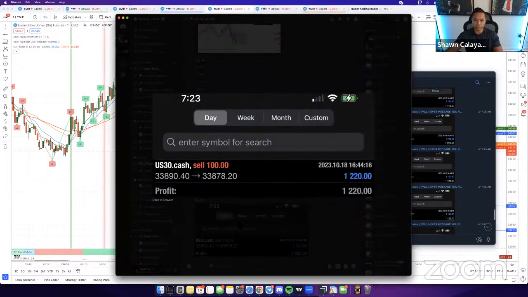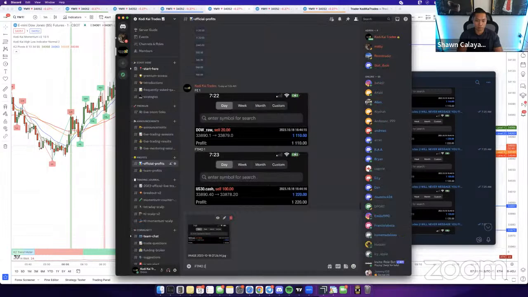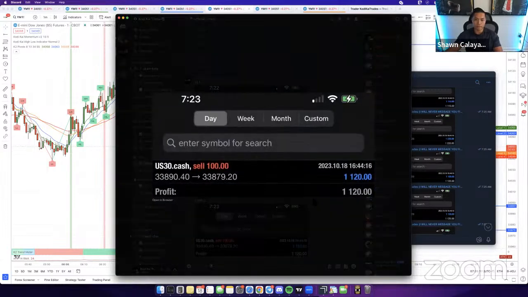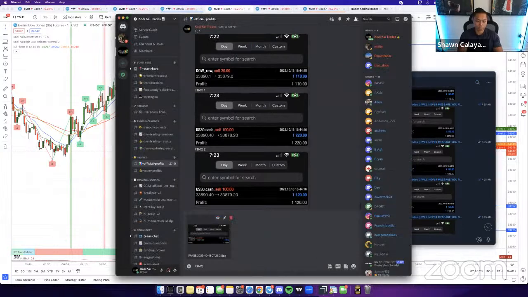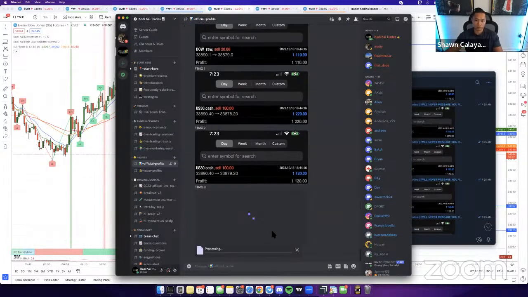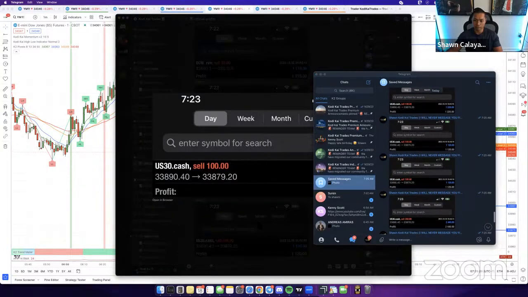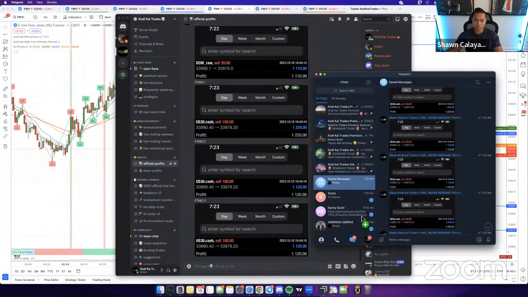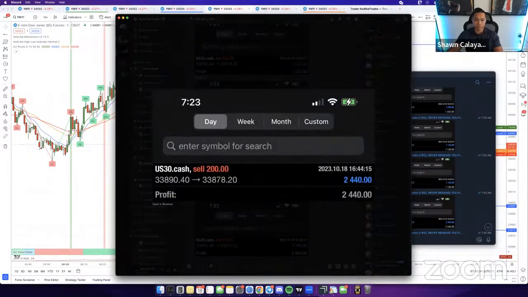My second FTMO account over here. Total profit of 1,120. My third account. Total profit of 1,120 as well. This is my 200K account. Locking the total profit of 2,440.